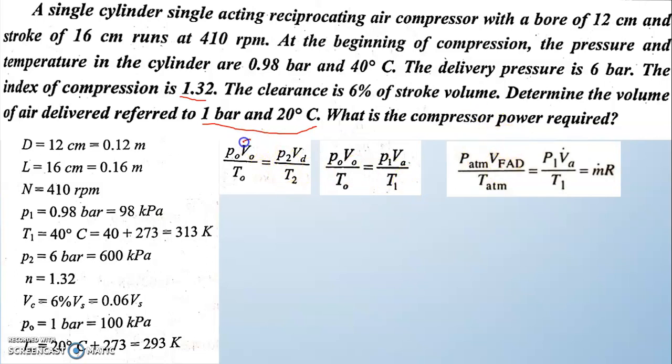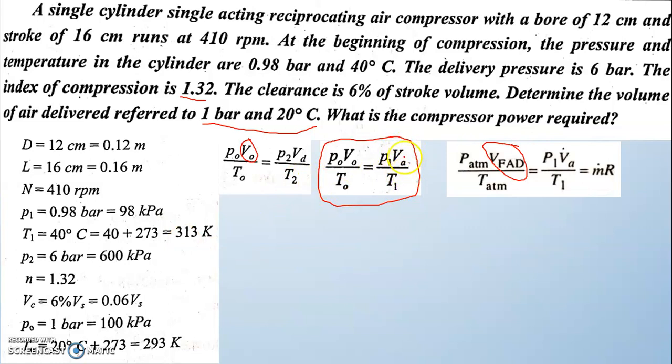In some textbooks it is mentioned as V0, in some as VFAD. P0 and T0 are the atmospheric pressure and temperature. Whatever data is available, we can use the available data. So here I am using VA, that is the inlet condition. What are the data available? P0 is given, T0 is given, P1 is given, T1 is given.